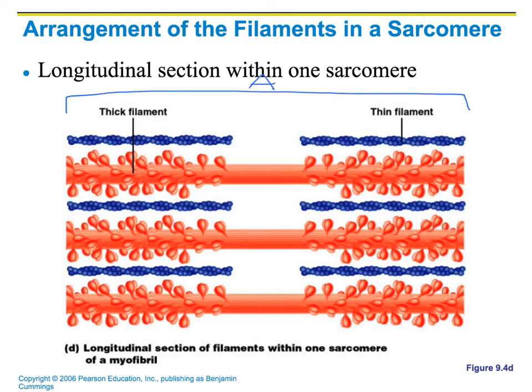In the center of the A band, from here to here, you have your H zone, and not shown here, but you would have M lines, here in the center. So again, in this picture, the muscle is relaxed. The myosin and the actin are unattached.